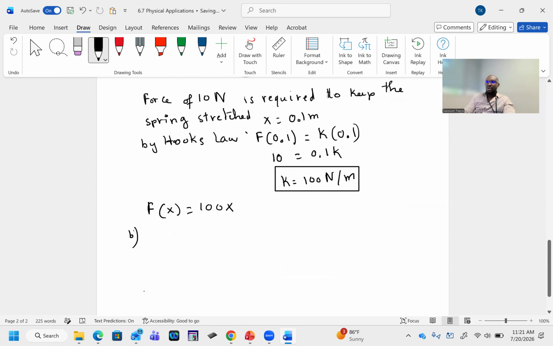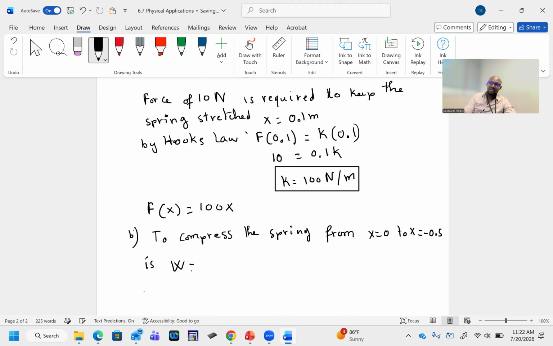So the work in Joule required to compress the spring, that's the most important because we have f of x now, from x is equal to 0 to x is equal to negative 0.5 because we are compressing, right?